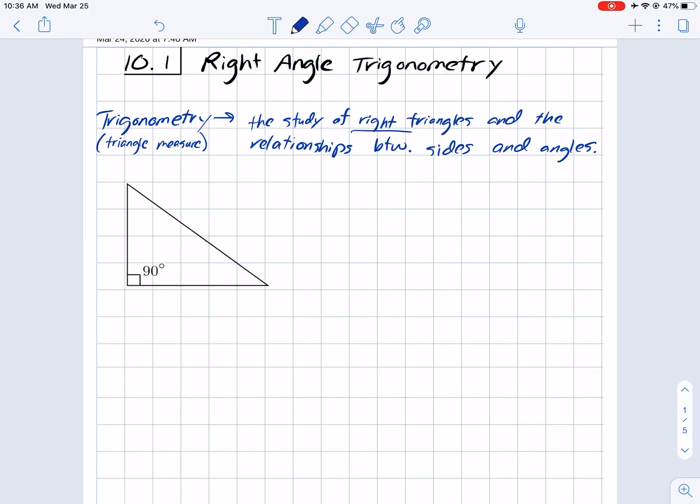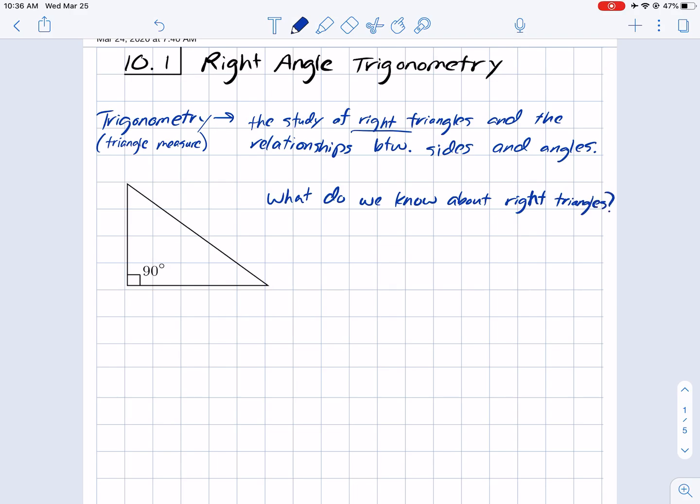But let's go ahead and you can pause the video. I just want you to answer this question: what do we know about right triangles?